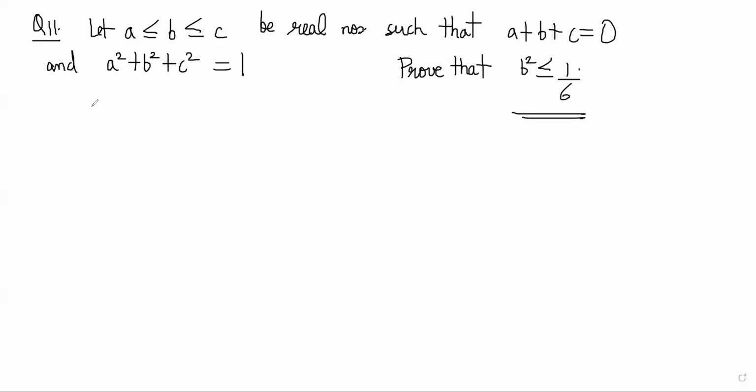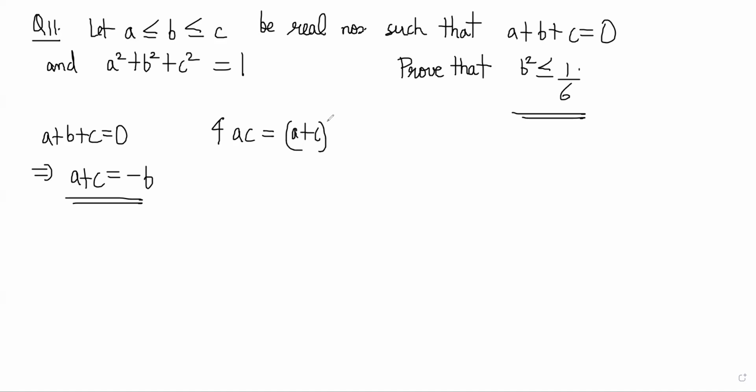We have a plus b plus c is equal to 0 and a square plus b square plus c square is 1. So using a plus b plus c is equal to 0, we can say that a plus c is equal to minus b. And let's try to also figure out what is ac. You know that 4ac would be a plus c whole square minus a minus c whole square.